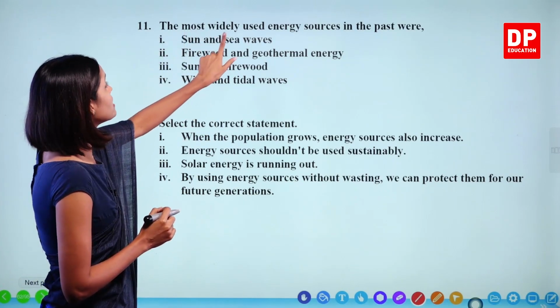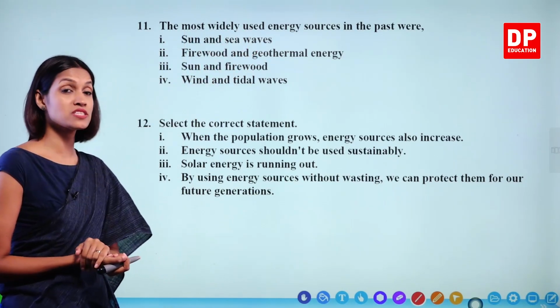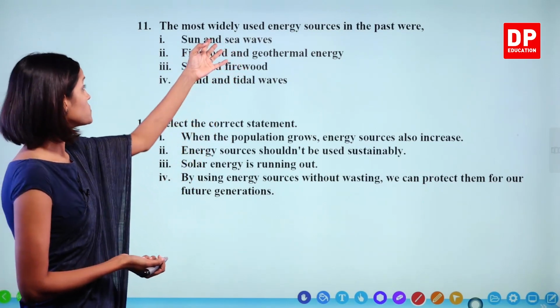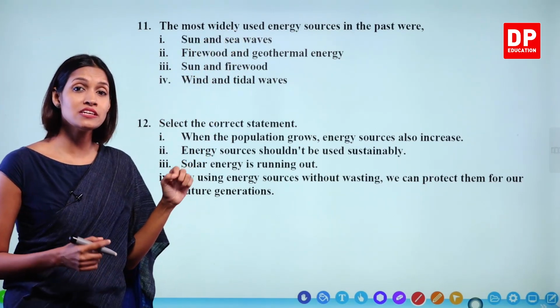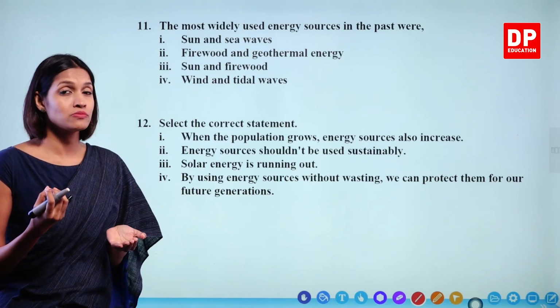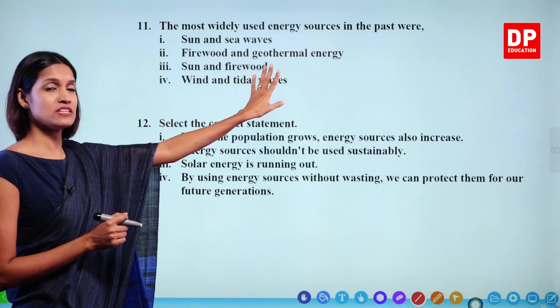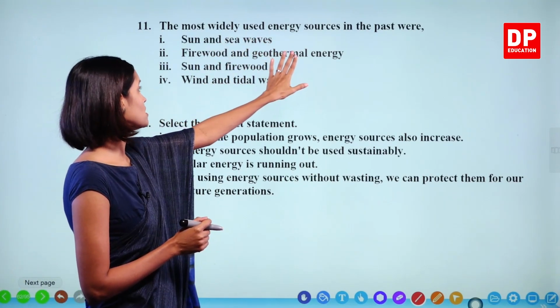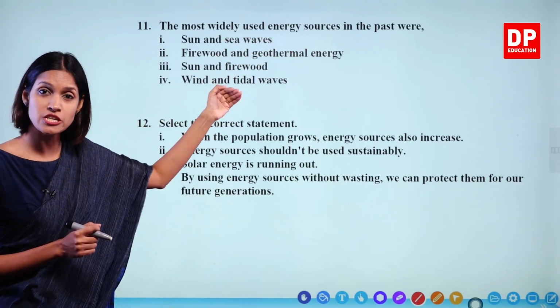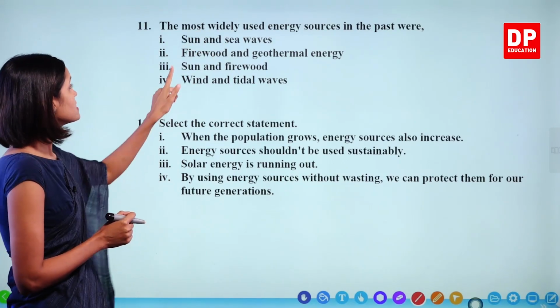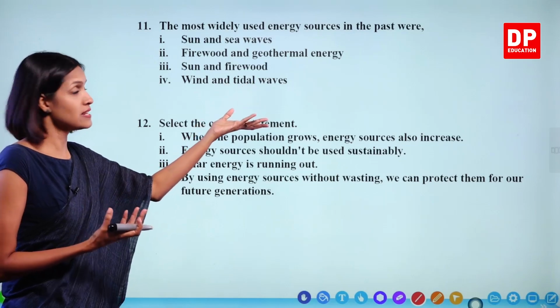Sun and sea waves: in order to use sea waves to generate electricity, you need a good technology. Firewood and geothermal energy: again, in order to use geothermal energy, you need special machines. So in the past, they did not have these types of machines. Sun and firewood, that is the answer.